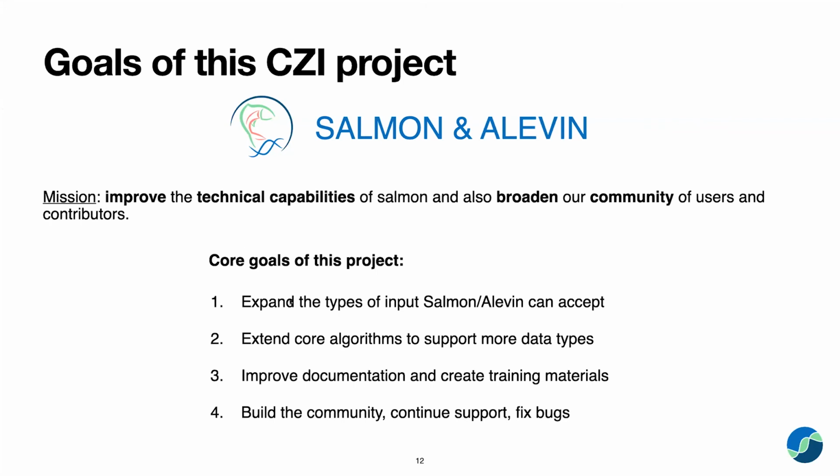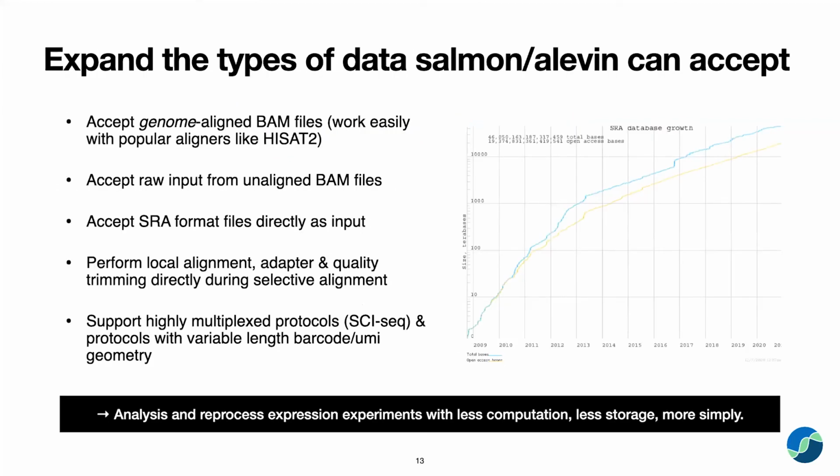The overriding goals of the project are to expand the types of inputs from a technical level that Salmon can accept, extend the algorithms to support more data types, improve the documentation and create training materials so that more people can use the software, and to continue to build and create an even more vibrant community around the software. And just in a little more detail, what do I mean by expand the types of data or input that they can accept?